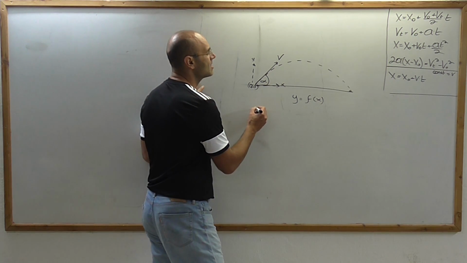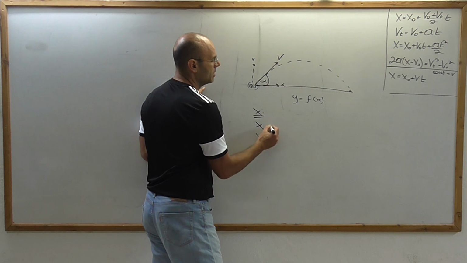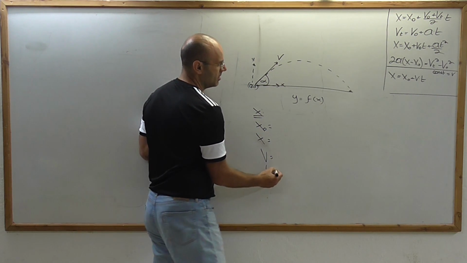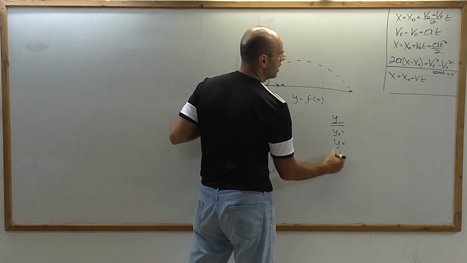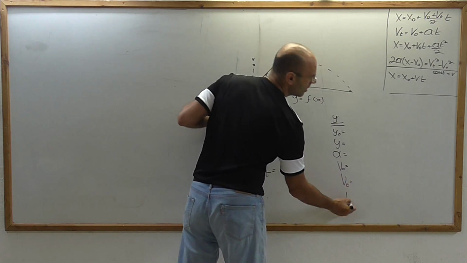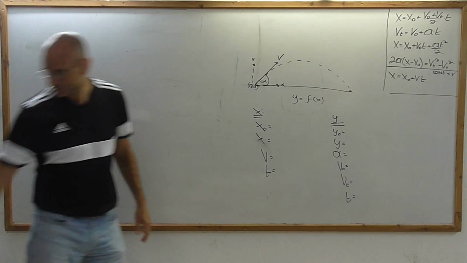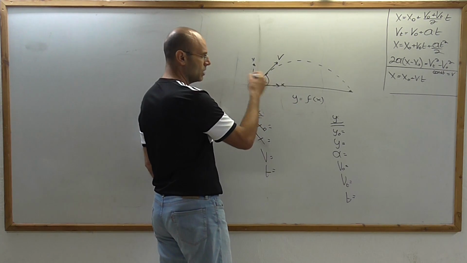So again, let's do exactly the same: x0, x, v, t, y, y0, y, a, v0, vt. Something is missing, t. Okay. First of all, we divide the situation into two axes.